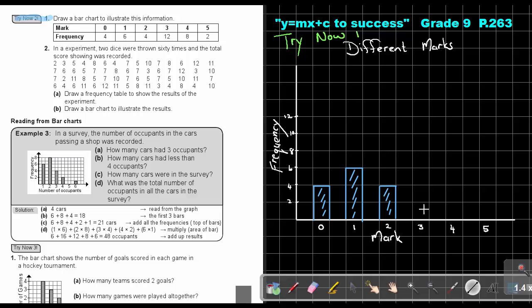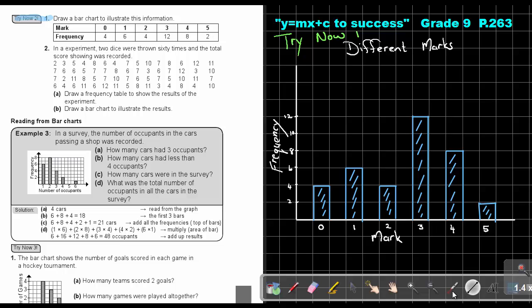At 3, I will go up to 12. And at 4, I will go up to 8. And at 5, I will go up to 2. And there is my bar chart of this frequency table.